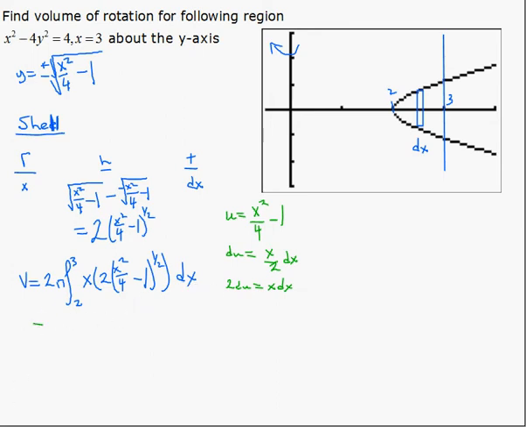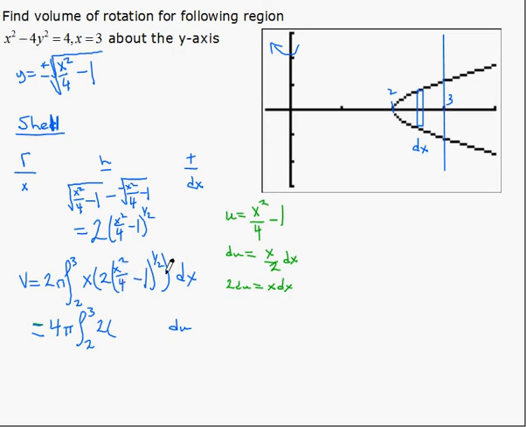Substituting then, this 2 we remove, gives us 4 pi. Integral from 2 to 3. X dx becomes 2 du. So we'll stick the 2 there, put the du at the end.